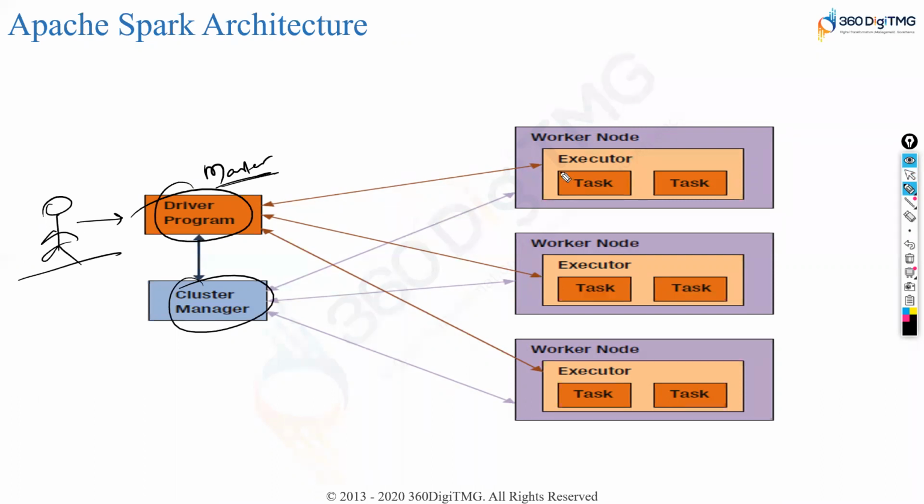Yeah, so the cluster manager keeps track of the information. That information is shared with the master, and the master decides which node executes what task, right? So each worker node has an executor. This is a single JVM. Again, Spark also is using JVM, right?